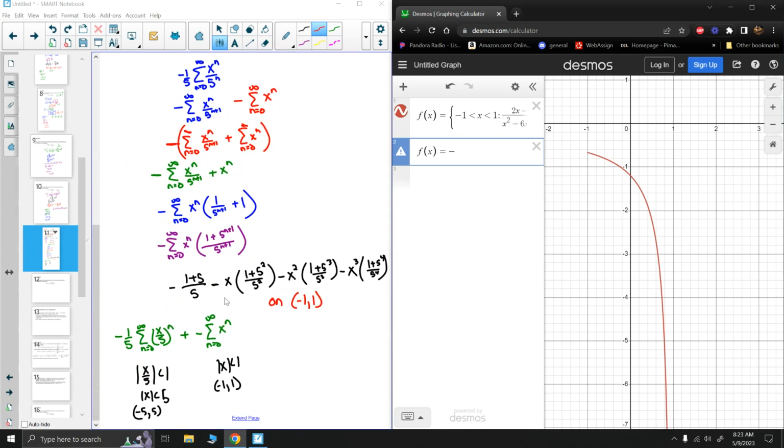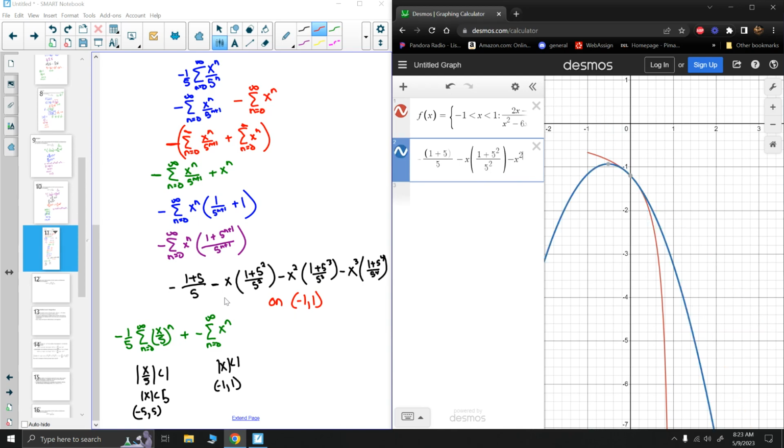Again, this is negative 1 plus 5, which I know is 6, but I just have it in that form because it's easier. Minus x, 1 plus 5 squared over 5 squared. That's looking decent. I mean, it's a straight line right now, but we'll deal with it.